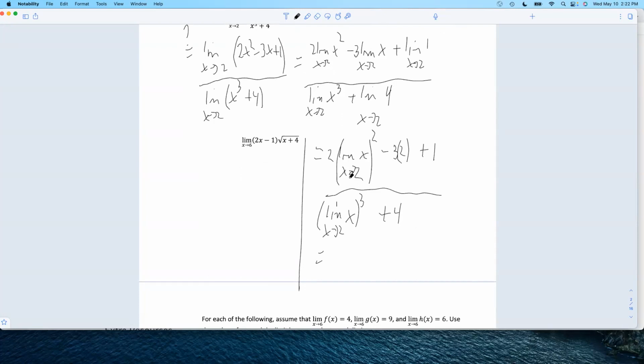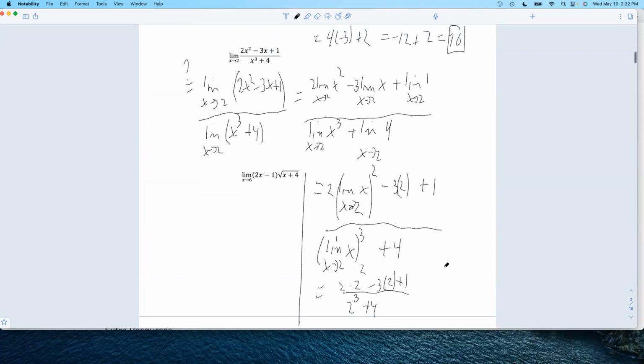Notice I'm not writing limit anymore. Once you actually calculate the limit, you don't write limit anymore because you've fulfilled that operation. So the limit as x approaches 2 of x is just 2. And same thing here, the limit as x approaches 2 of x is 2.